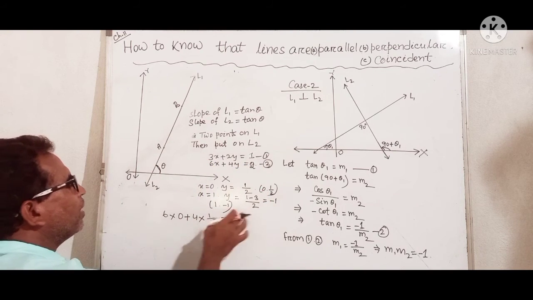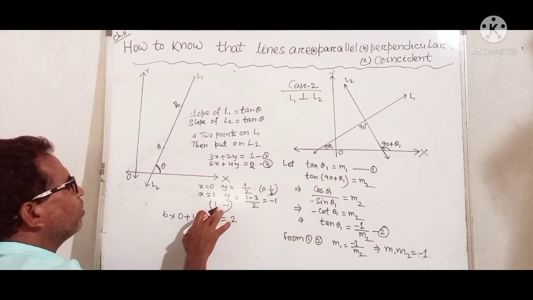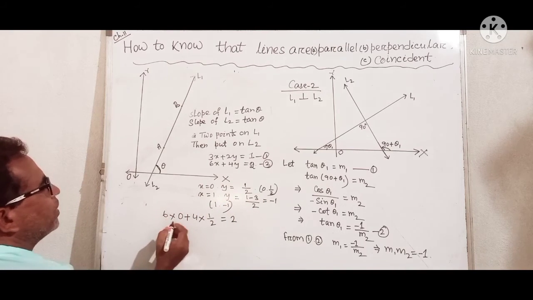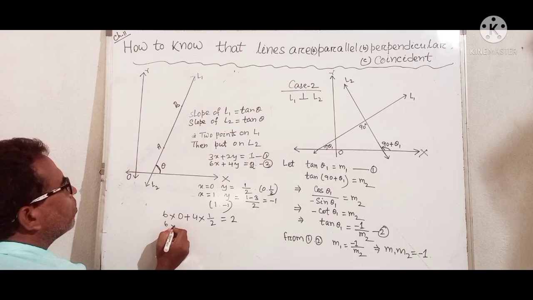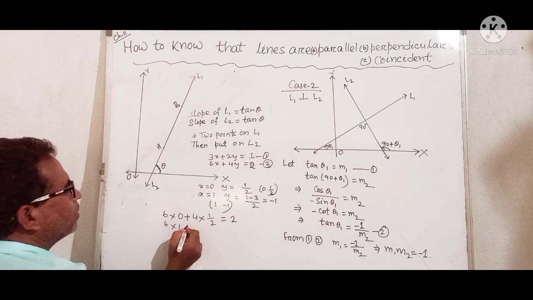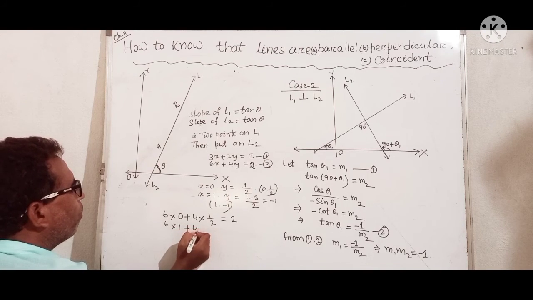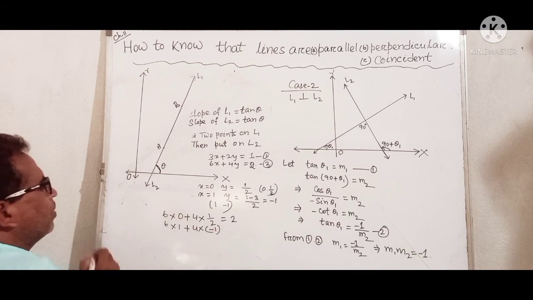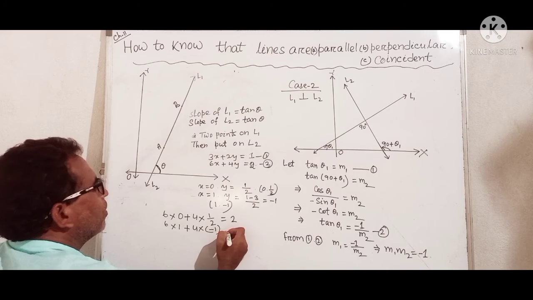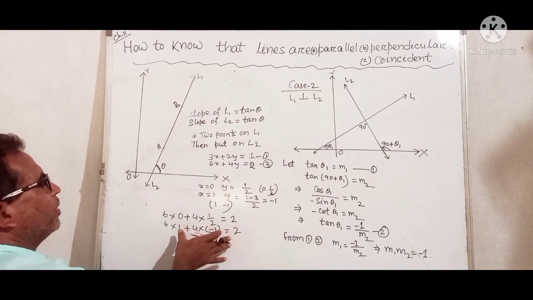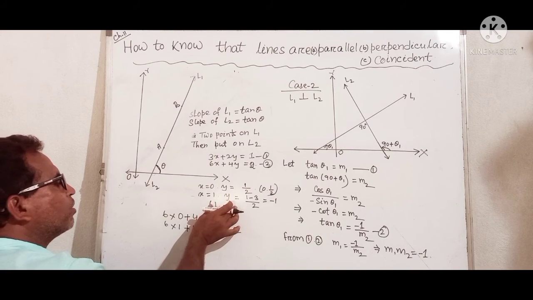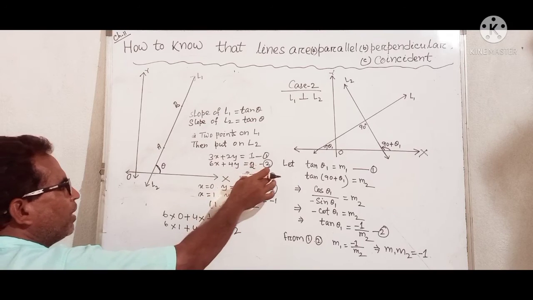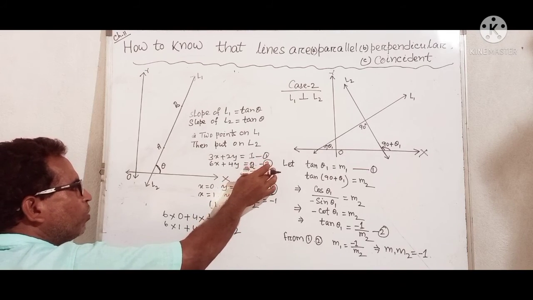And you see another point: 6 into 1 plus 4 into minus 3 by 2, that will be 0, right? So the coordinates of this point also satisfy equation 2.